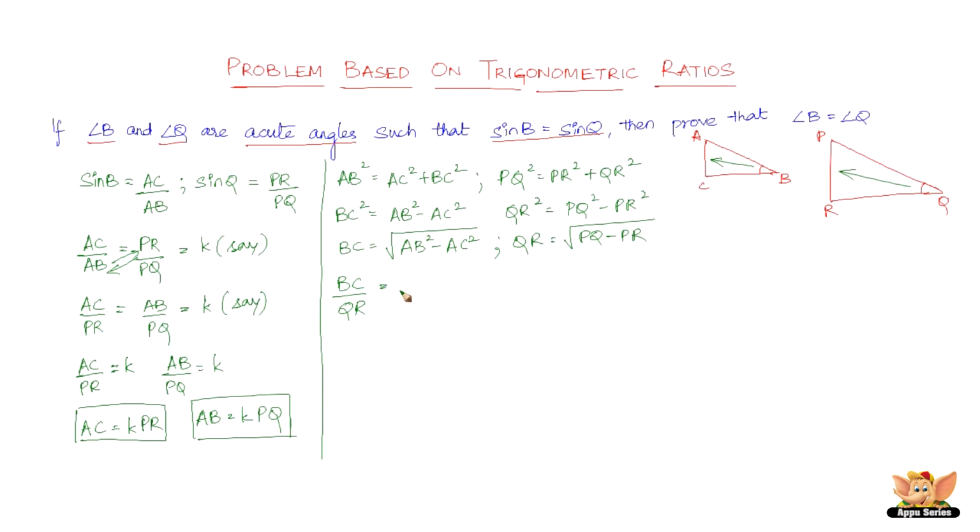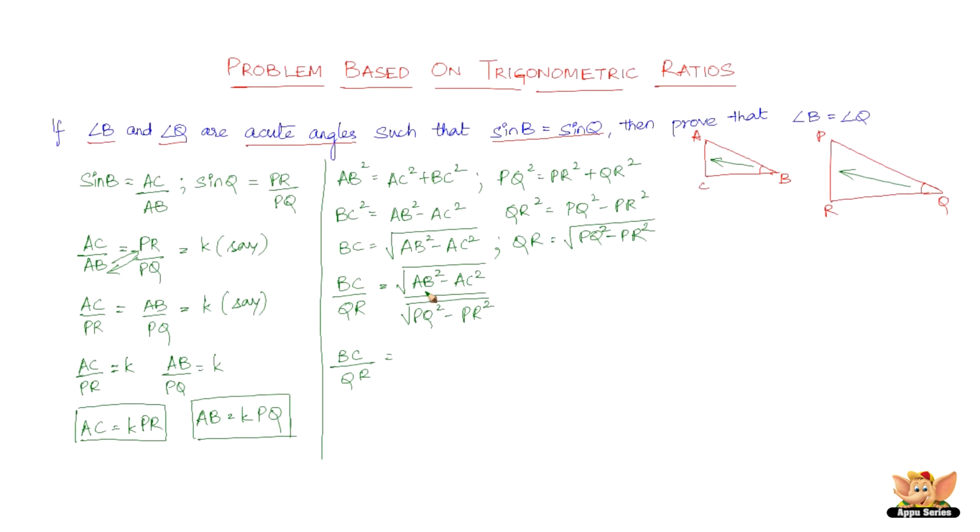So when I take BC by QR, I'm going to get root of AB square minus AC square divided by root of, I'm sorry, I've missed the squares here, so it's PQ square minus PR square. Now, BC by QR equals, it's very clearly mentioned here that AC equals K into PR and AB equals K into PQ. So I'm going to substitute them in this.